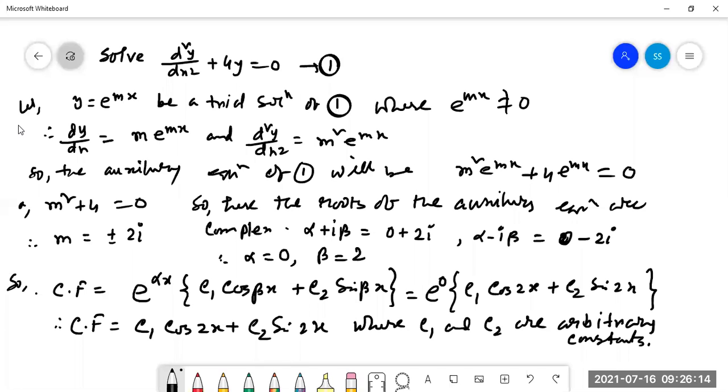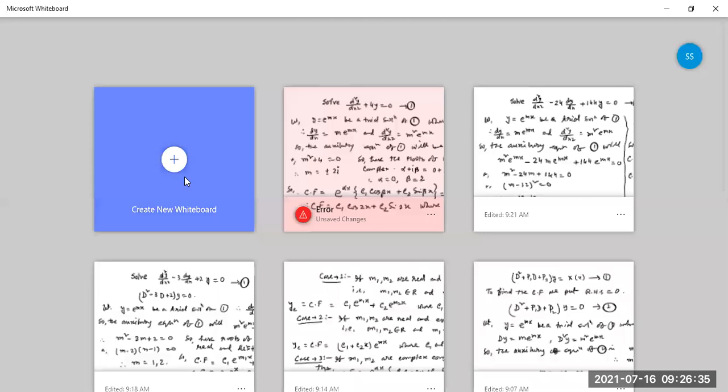Now we are going to start the PI, which is very new to you people. There are some rules to find the PI. Can I go for the PI? Yes.